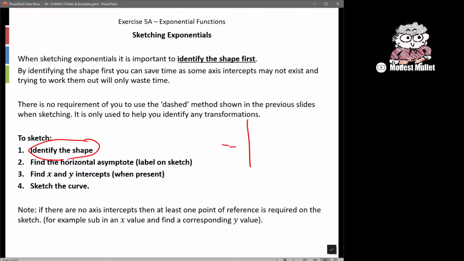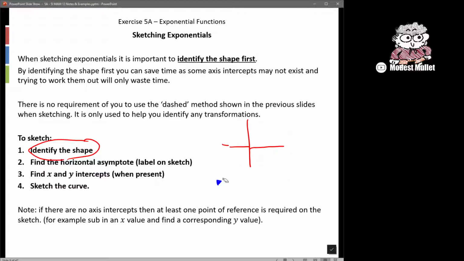Is it going to be the most basic form that goes up like that? Or is it being reflected about the x-axis, so it goes down like that? Or is it being reflected about the y-axis? Or has it been reflected about both axes and goes like that? That's our 4 main shapes.